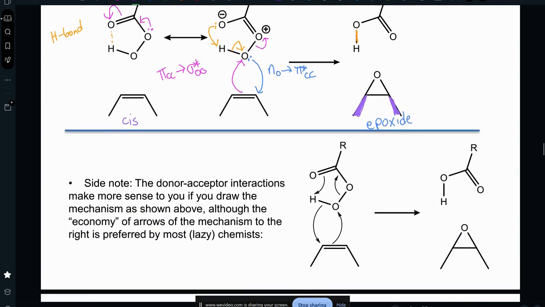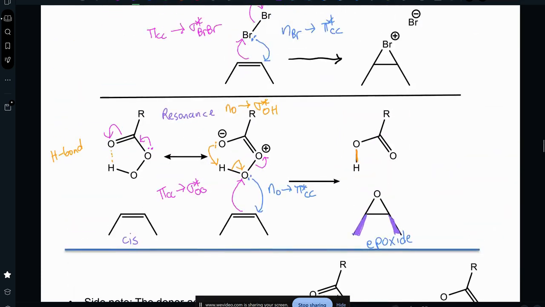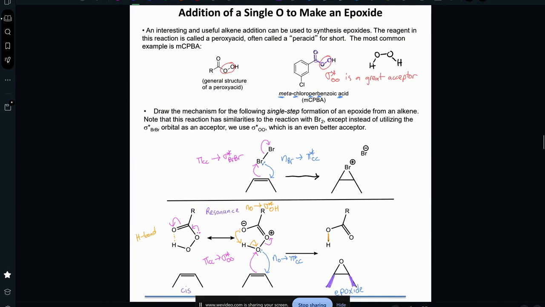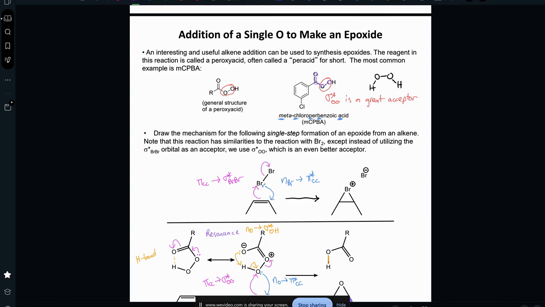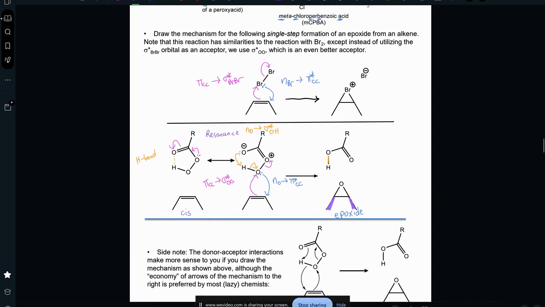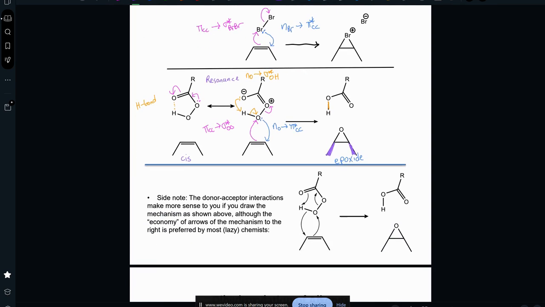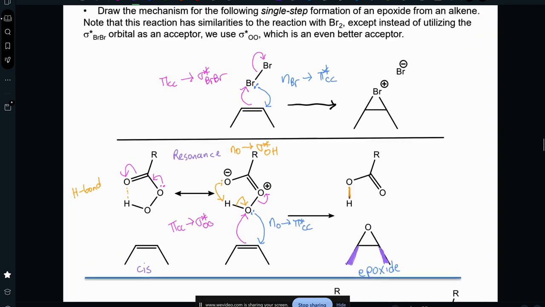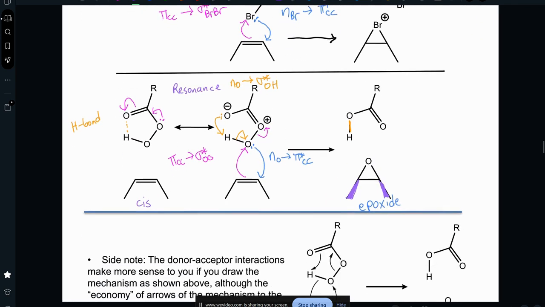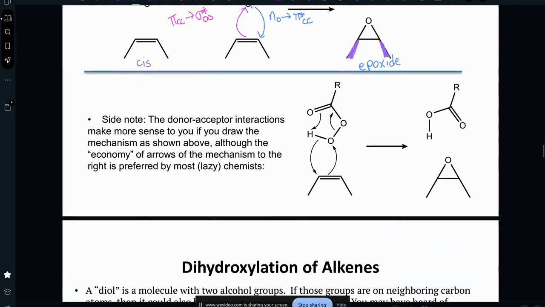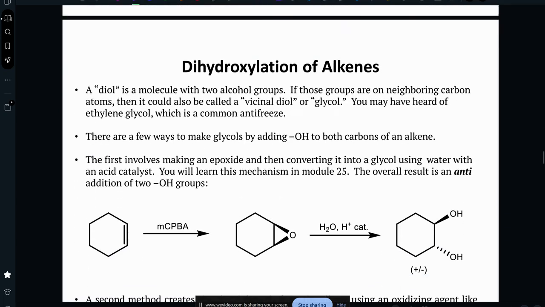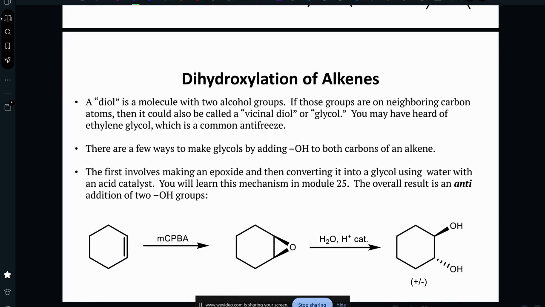All right, so we can, in this case, oxidize an alkene to an epoxide. One other addition that we often want to do is to turn an alkene into what we call a glycol, or a vicinal diol. So a diol is just any molecule with 2 alcohol groups. Break it down. Di means 2.